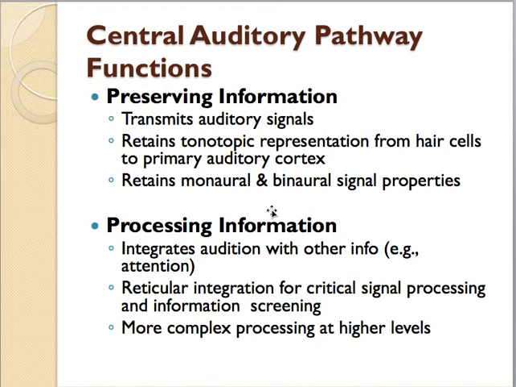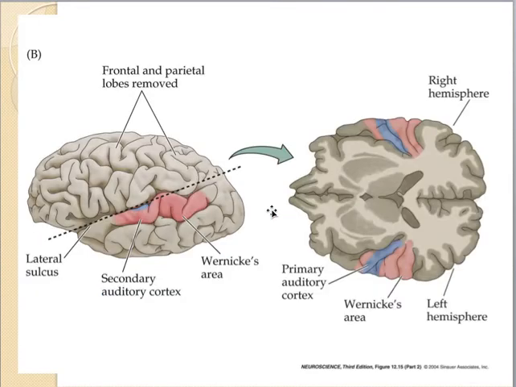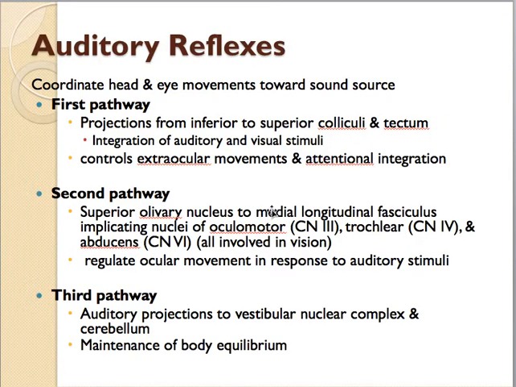Okay, so next I want you to turn to slide number 38. Again, let's look at the pathways, the auditory reflex. Your first pathway is a projection from the inferior colliculus to the superior colliculus.